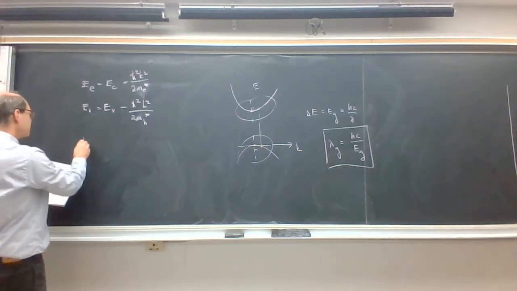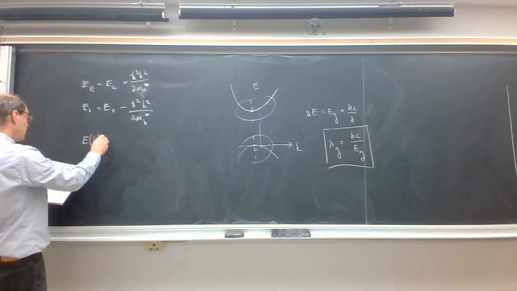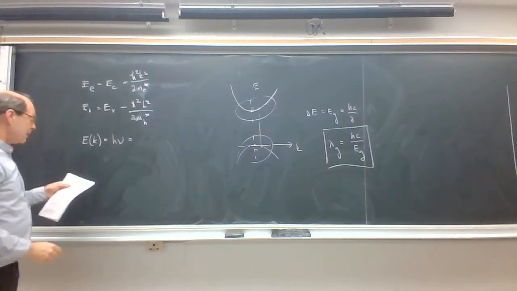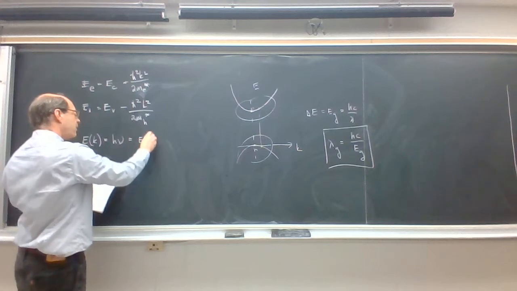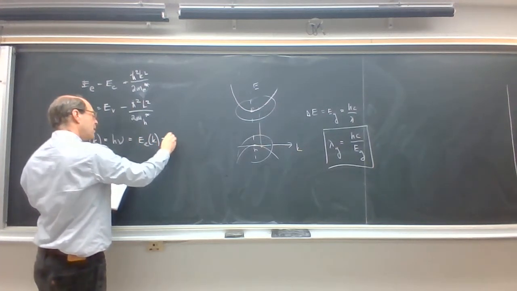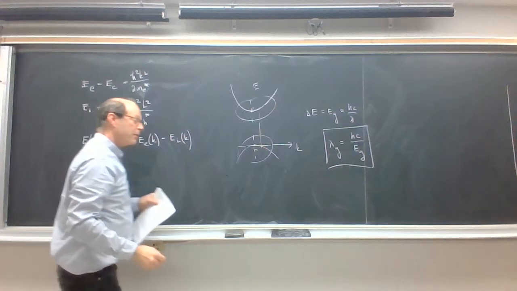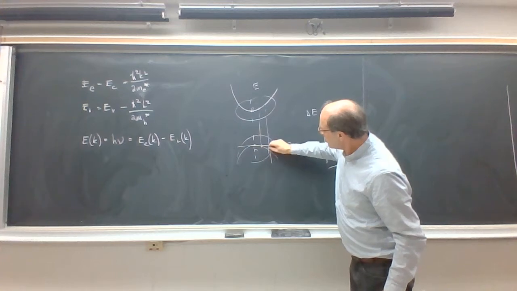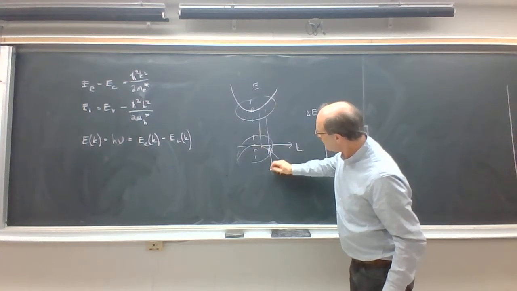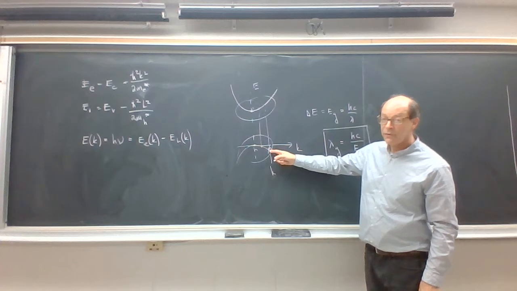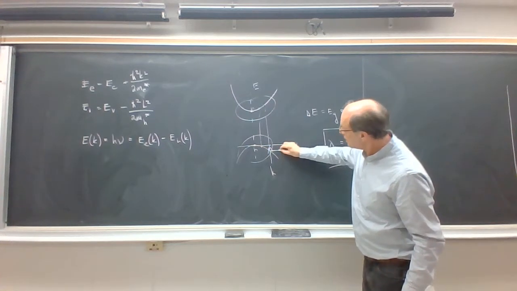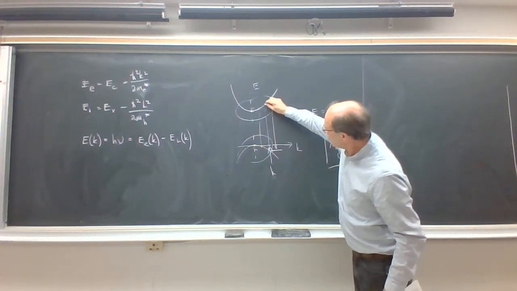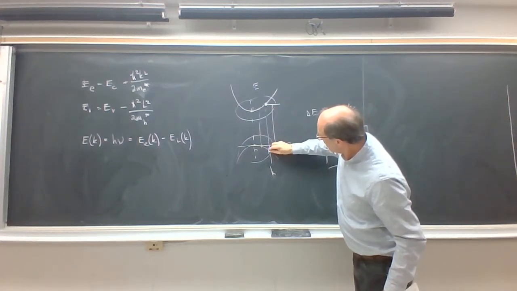Now the transition energy E as a function of K is equal to the value of h nu, and that's going to be E sub e of K minus E sub h of K. In other words, on this diagram, whatever value of K we're at, so let's say we're at this particular value of K, at that value of K, the transition will occur between this state in the conduction band and this state in the valence band.